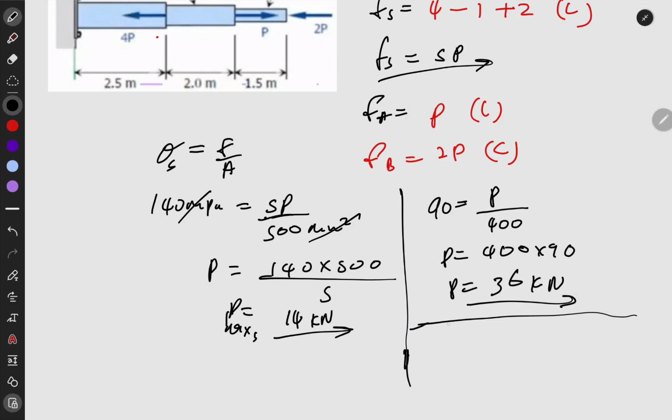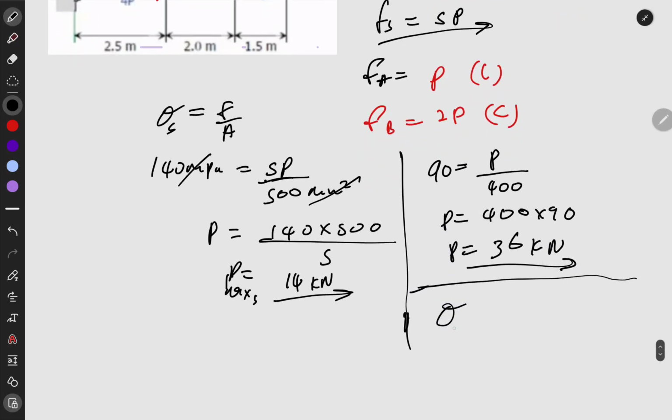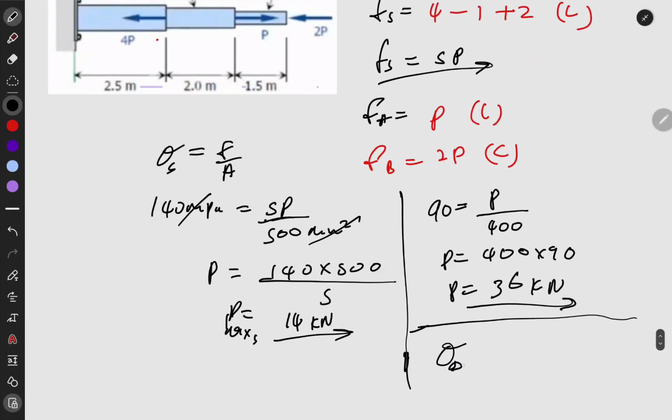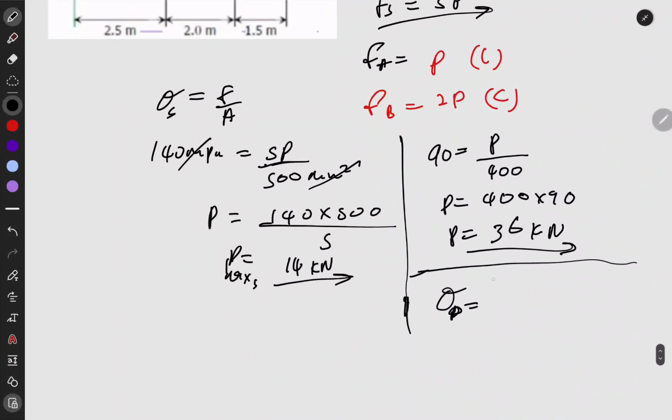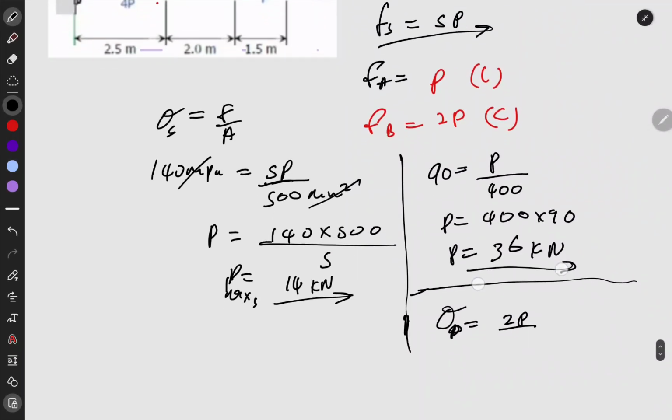Okay, then let's look at stress at bronze. It's equal to force at bronze over area. What is force at bronze? I think we got 2P, over area, and our area there was 200. I don't write units because they cancel each other very well.